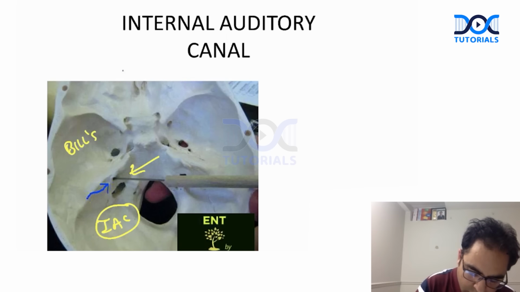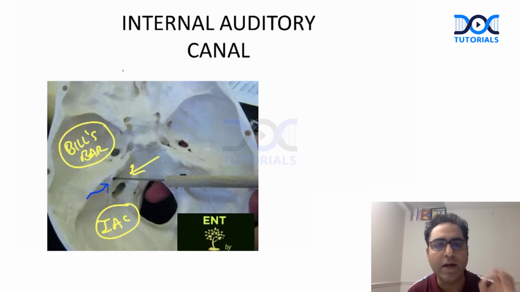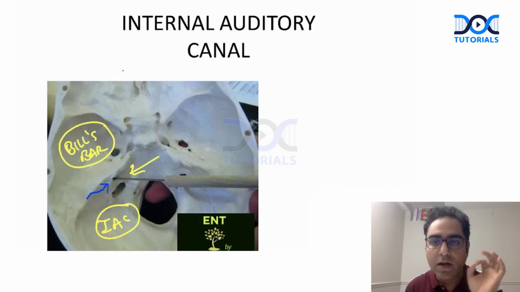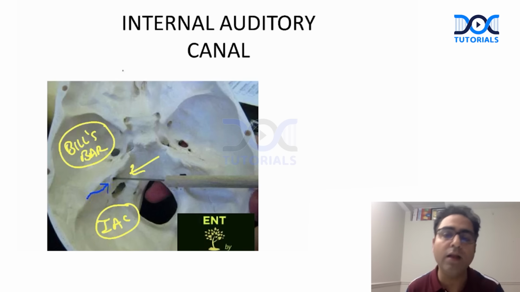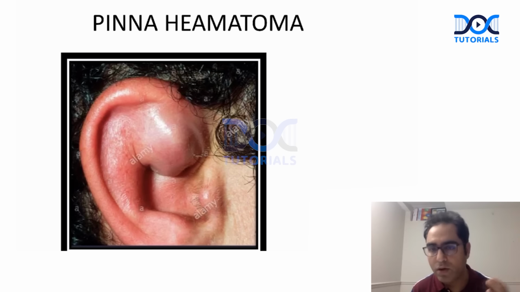Bill's bar is a vertical bony septum in the upper part of the internal auditory canal. So if they ever show you with a pointer a hole in the posterior aspect of the temporal bone, it's the internal auditory canal. And don't forget, Bill's bar is the bony septum in the upper part of the internal auditory canal.